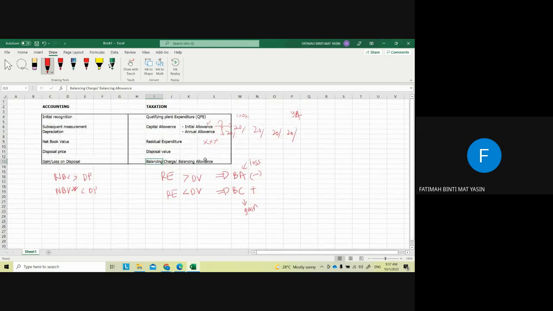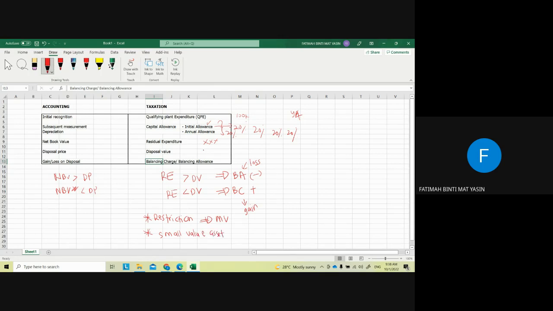On top of this, you need to know about the restriction, which applies to motor vehicles. If you remember when we learned about business expenses, we had lease rental restriction. That also applies to capital allowance. Later we are going to discuss in detail. And then we also have small value asset.